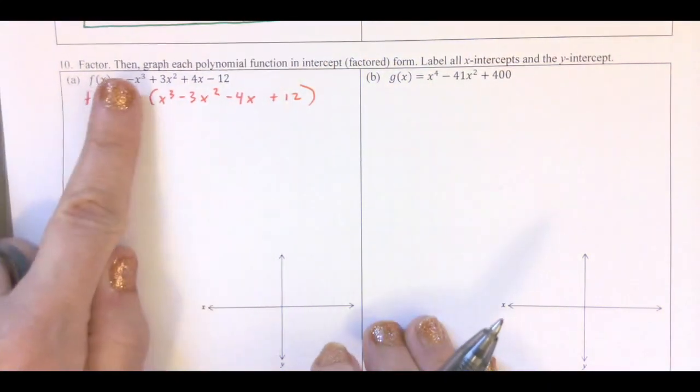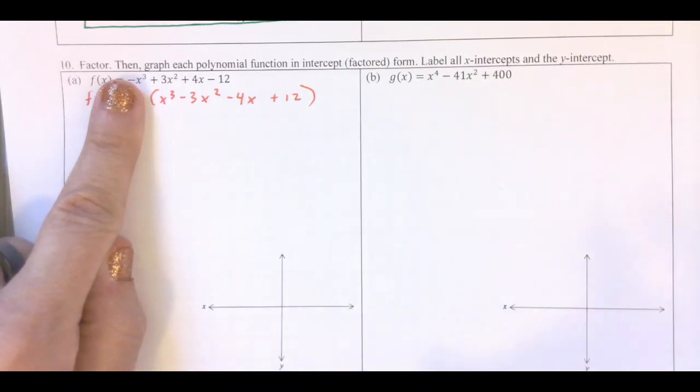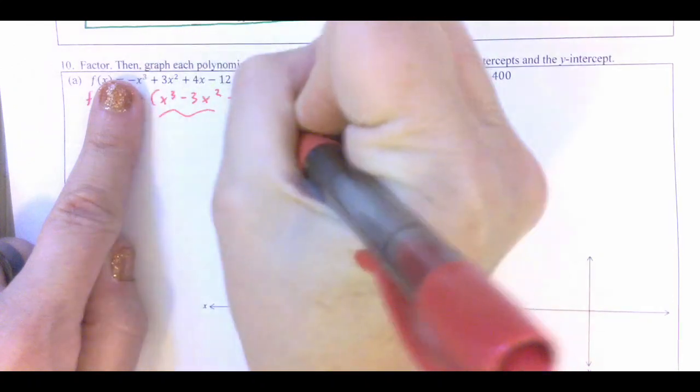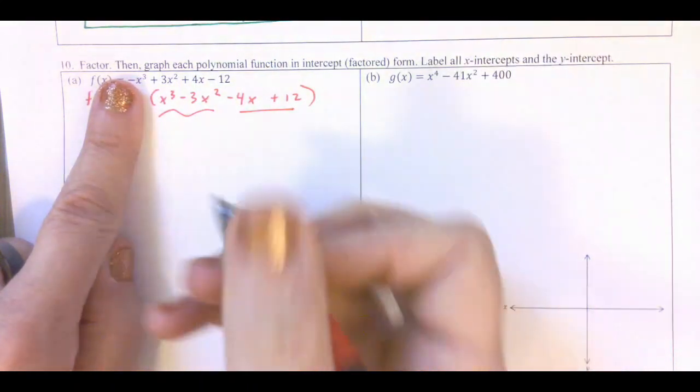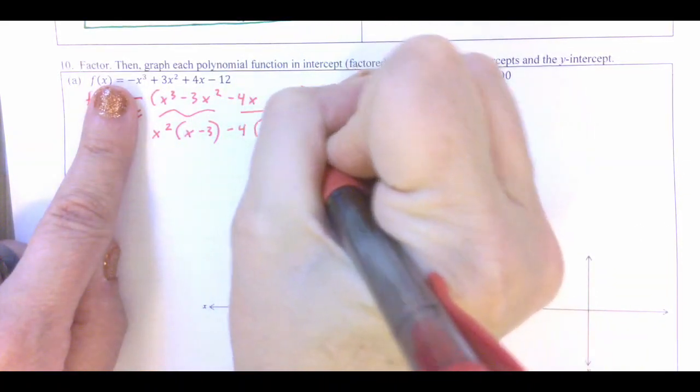So now I see that I have a cubic polynomial that I can only factor by grouping. So I want to group the first two and the last two like that. And I can see that a GCF here is x squared, leaving behind an x minus 3. Here my GCF is minus 4, leaving behind an x minus 3.